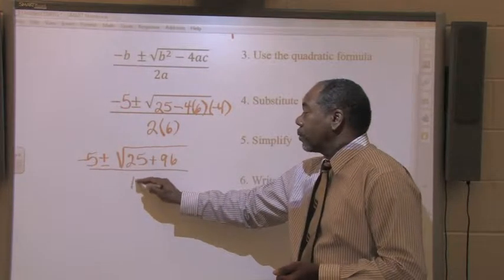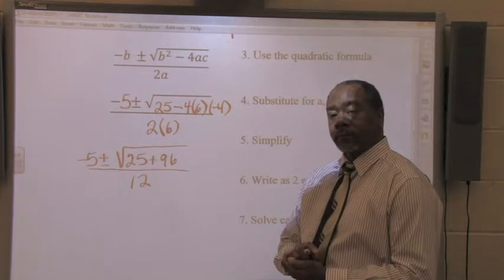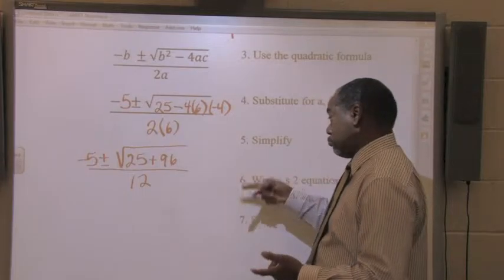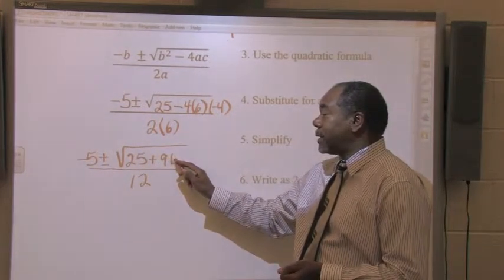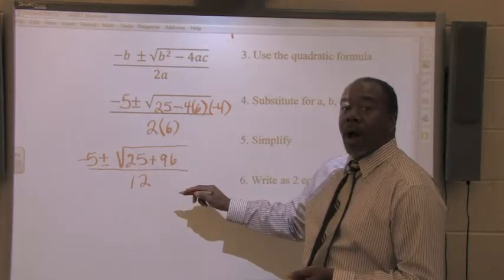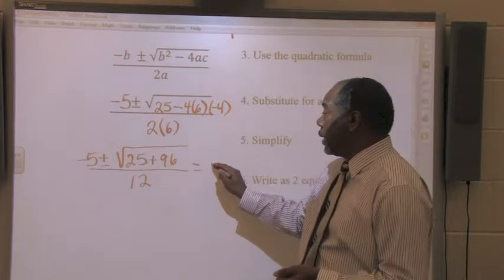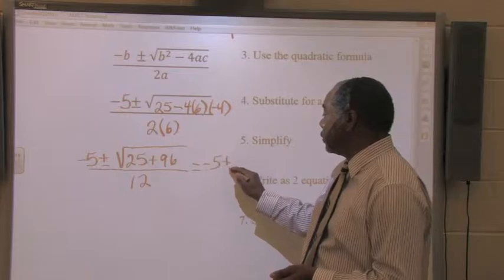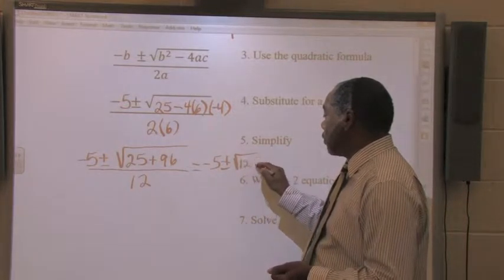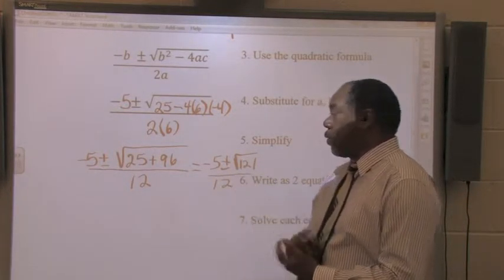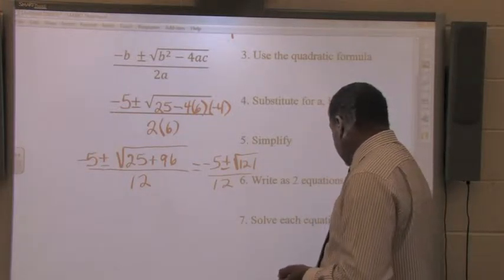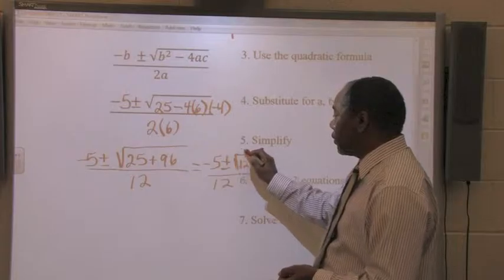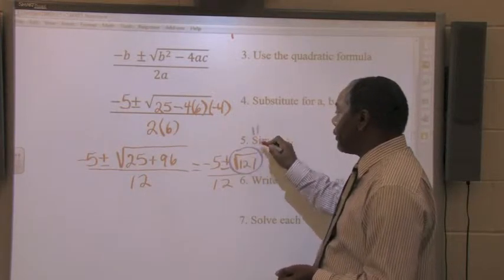All over 12. Now what I want to do is simplify a little bit further. 25 plus 96 is 121. So this really becomes this over 12. The square root of 121 just becomes 11.